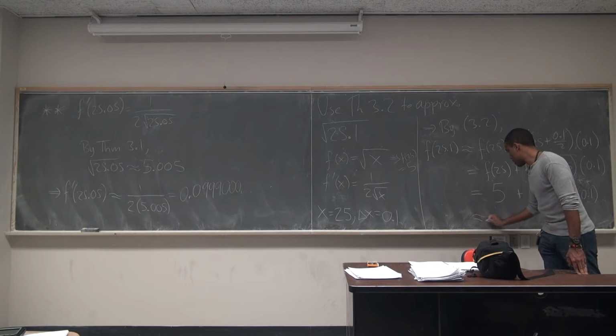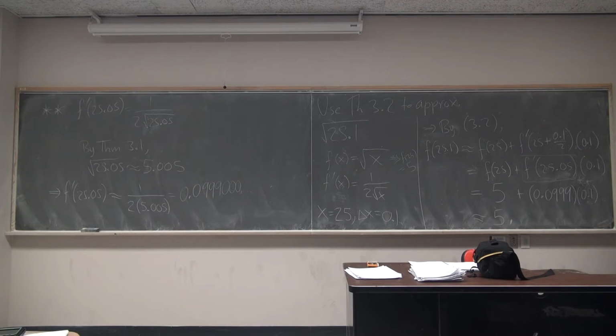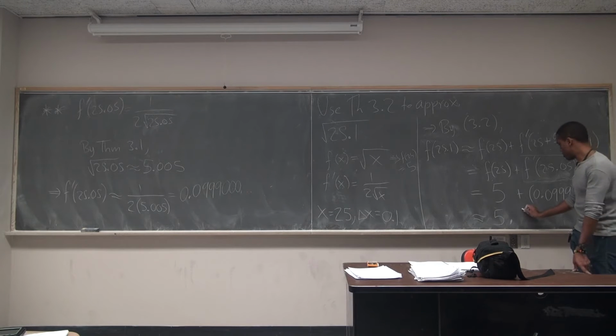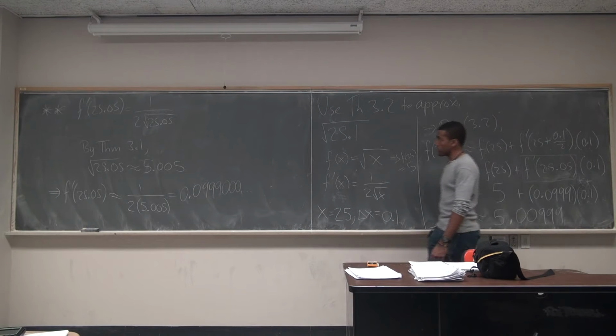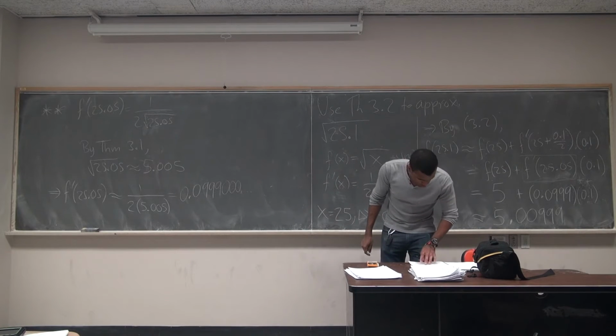So this is approximately equal to what? 5 point, what's that? 5.00999. And that's our approximation according to theorem 3.2.